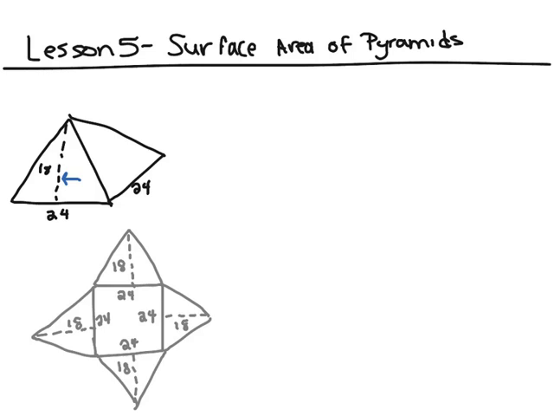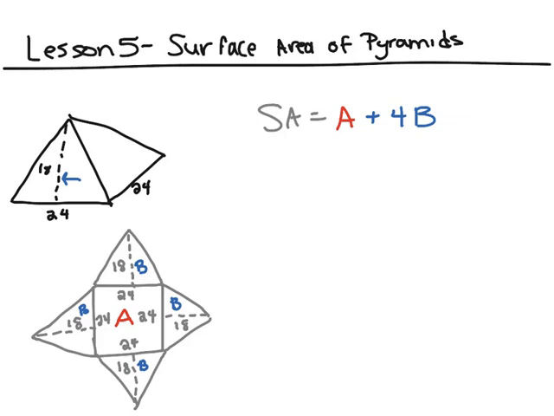Okay. Now that we have it drawn, I want you to label all the sides that are the same. So nothing similar to the base. There's only one base. But we have 4 equal triangles with all the same lengths. So when we calculate the surface area, we're going to add 1A and 4 B's.